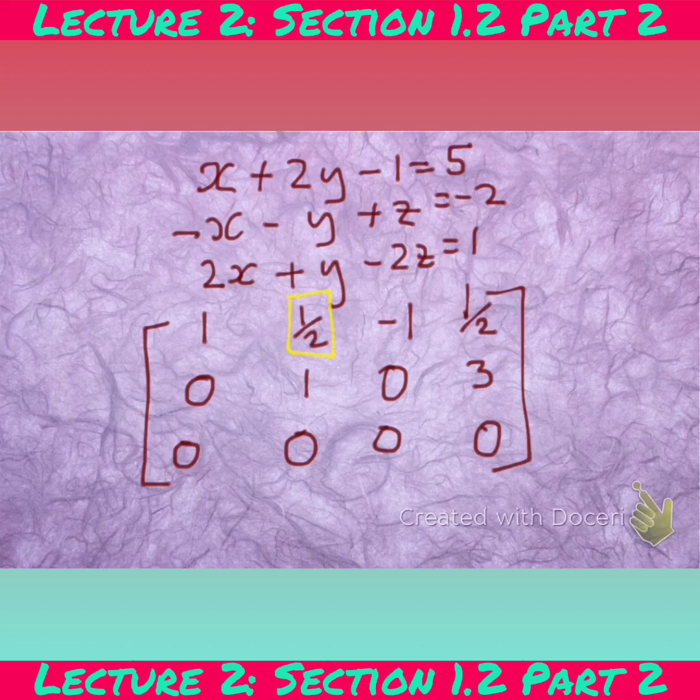I want to eliminate that term there. How you do this again is you change the first row by multiplying the second row by negative a half and adding it to the first.